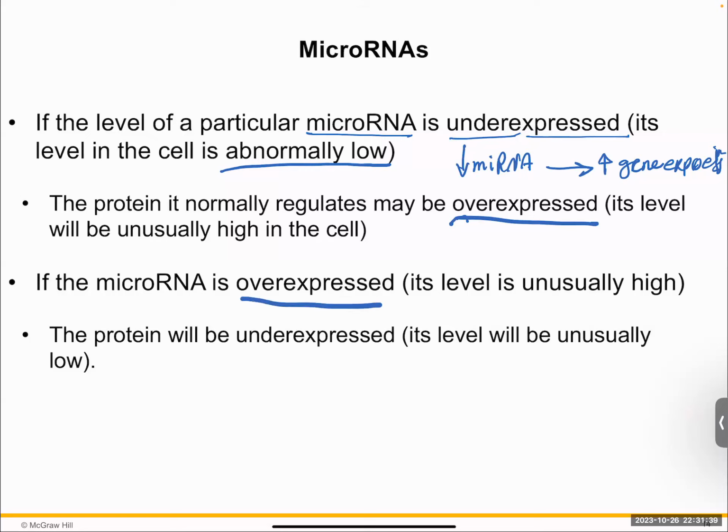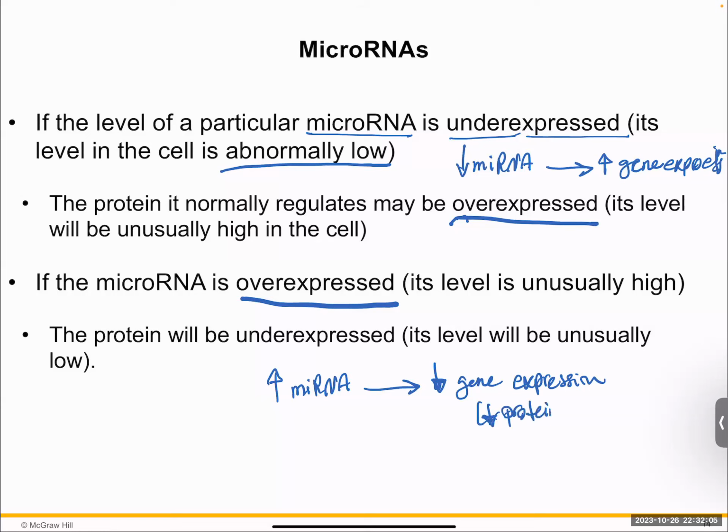If you have really high or overexpressed microRNA, so really high levels of miRNA, that means you're suppressing the process of gene expression, which means you're inhibiting, or underexpressing, that gene. And again, low gene expression means low proteins.